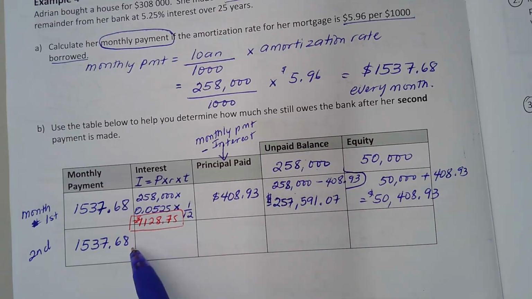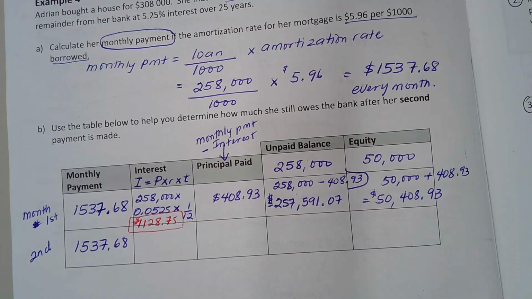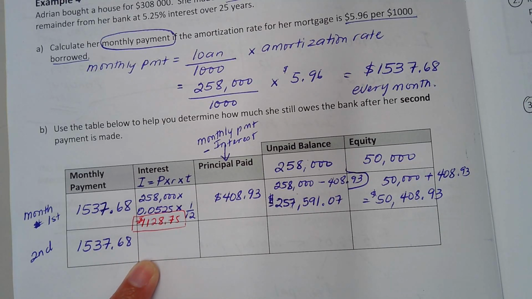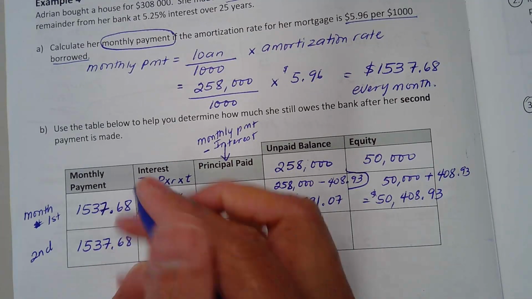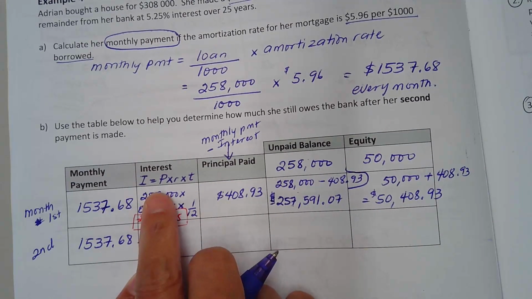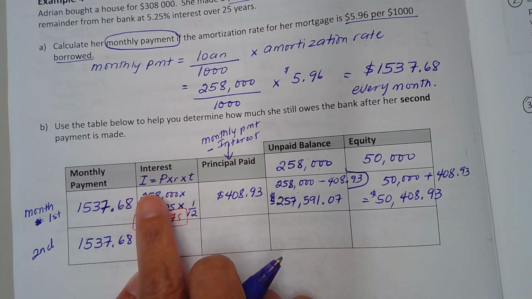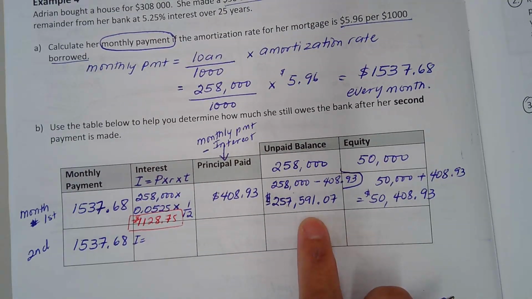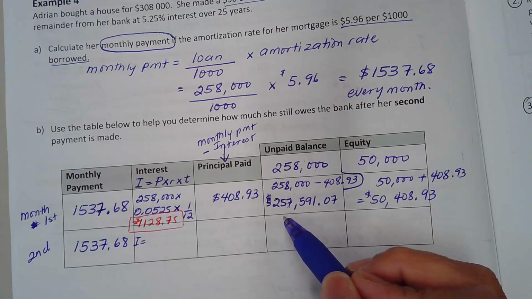Now let's go to the second month. We're still paying the same amount of money each month. Now, how much is the interest that we're paying on that? So I equals P times R times T. The P is the amount that I've loaned, the principal. We paid a little bit towards our loan already, so our loan has gone down a little bit.